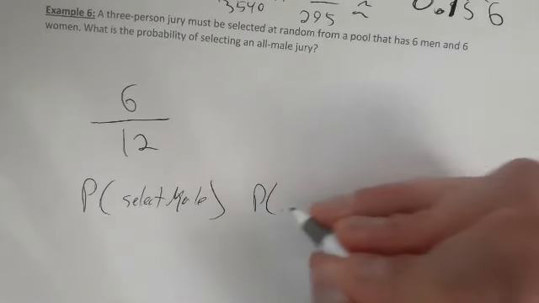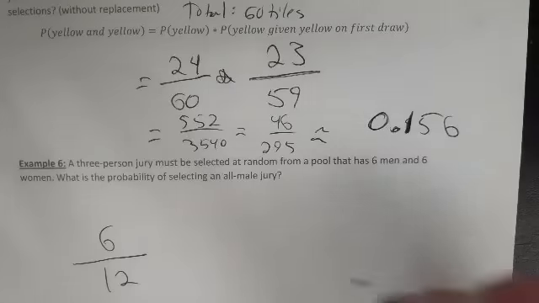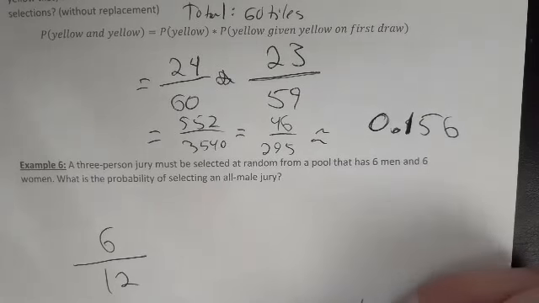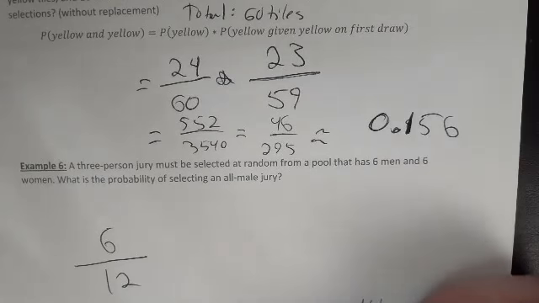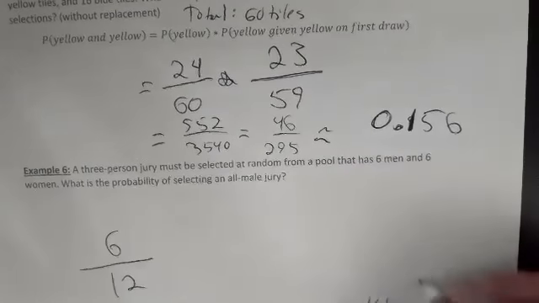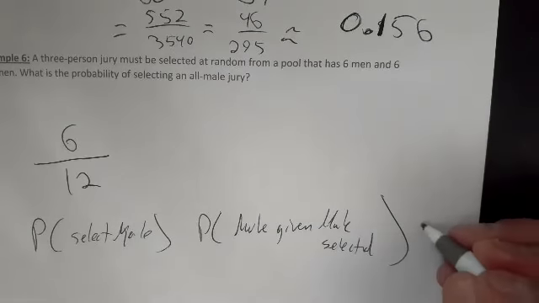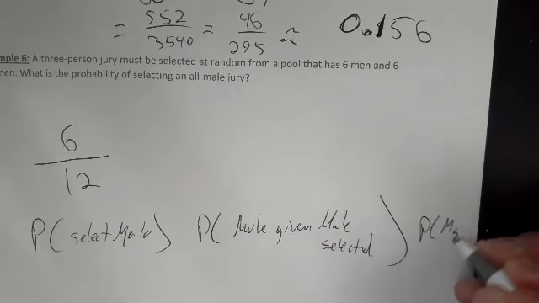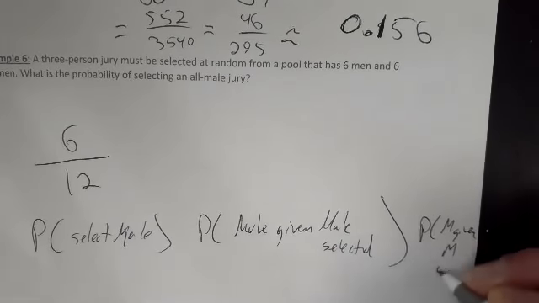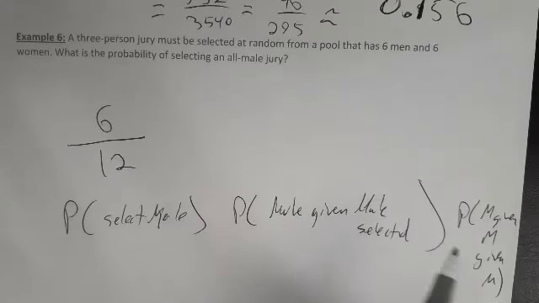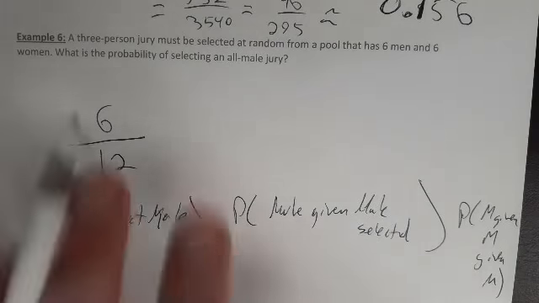Okay, and then I'm going to do the probability that is male given a male. And so on, right? And I have to account for that I took 1 of them out here, is what this is saying. So I selected a male on my first one.